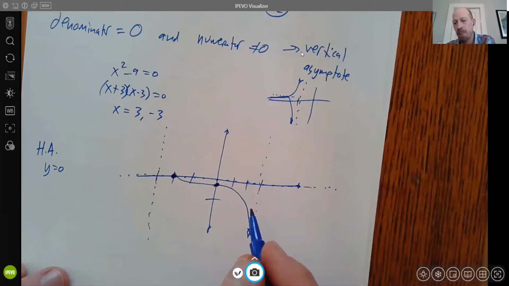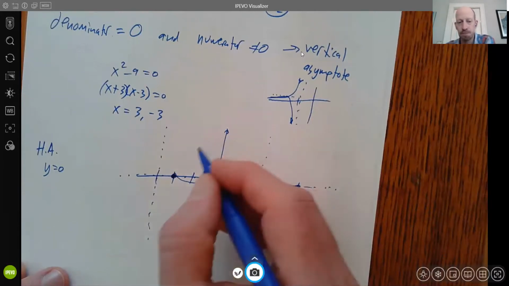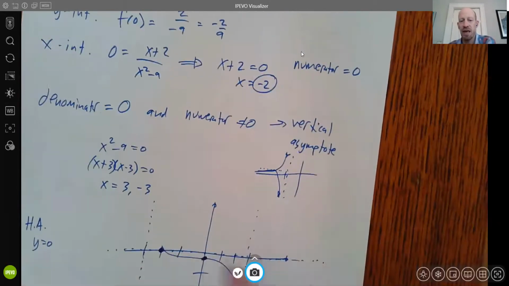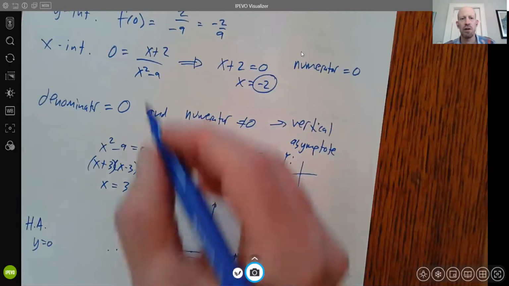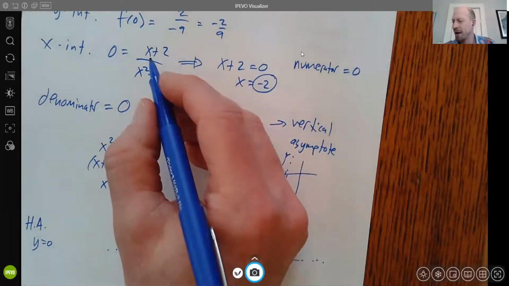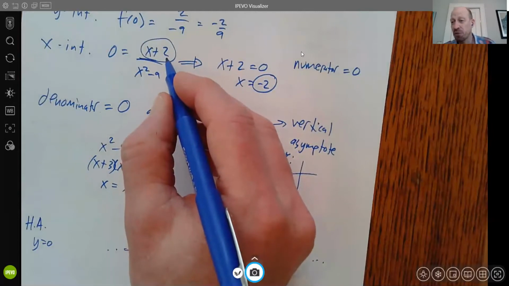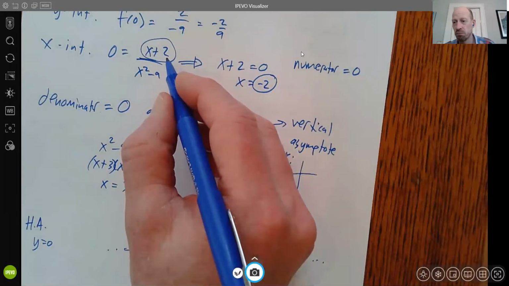Now, I can actually do some similar analysis over here. It turns out that the behavior at this x-intercept is going to work the same way that we learned with polynomials. So the x-intercept, remember, comes from the numerator, and the multiplicity of this is 1. It's just x plus 2. It's not x plus 2 squared or x plus 2 cubed, right?